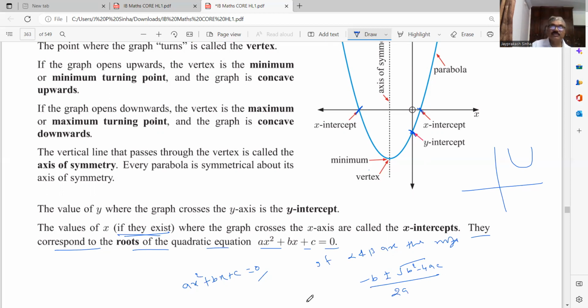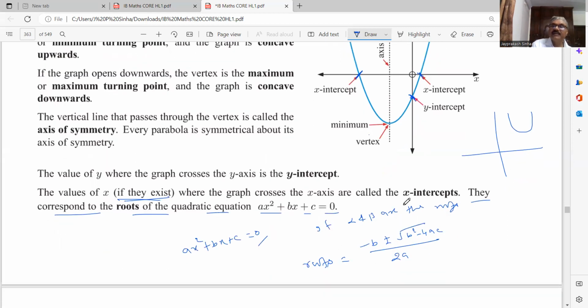Correct? These are the roots. So one time you are taking minus b plus, another time you will take minus b minus root b square minus 4ac upon 2a. So you will get two values.